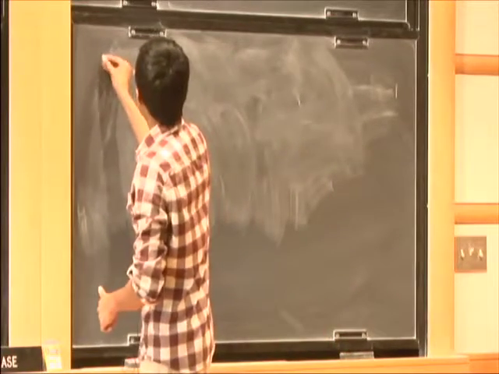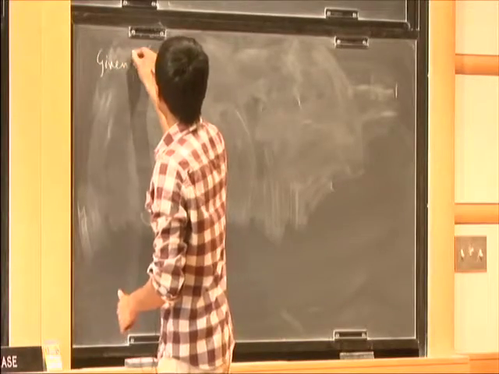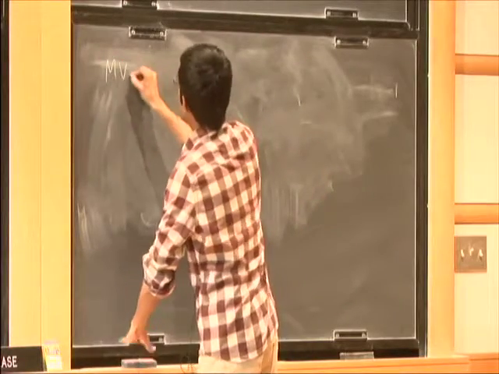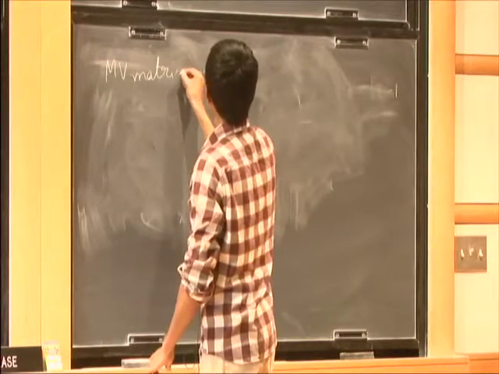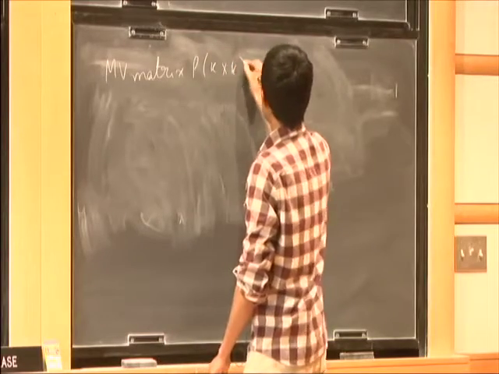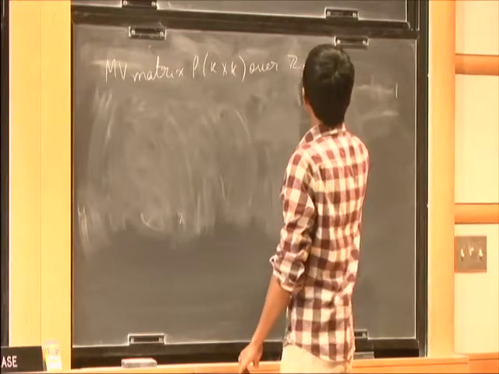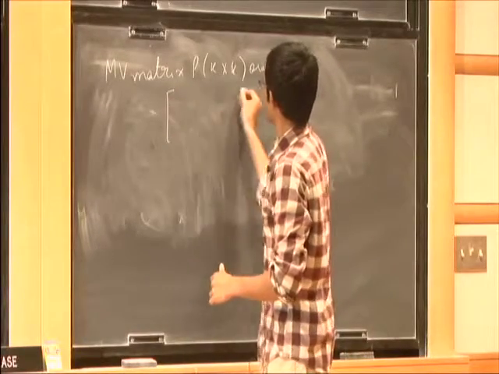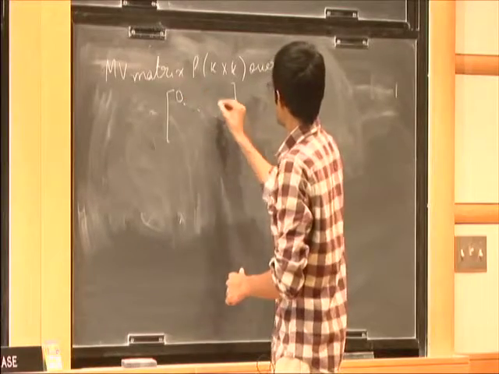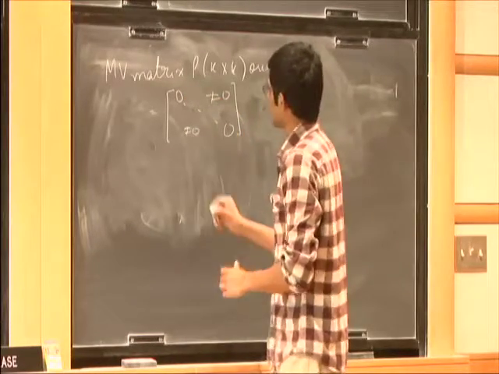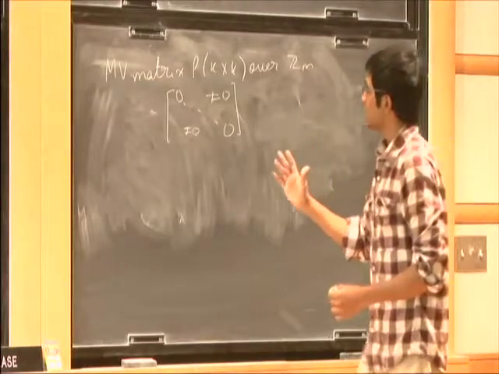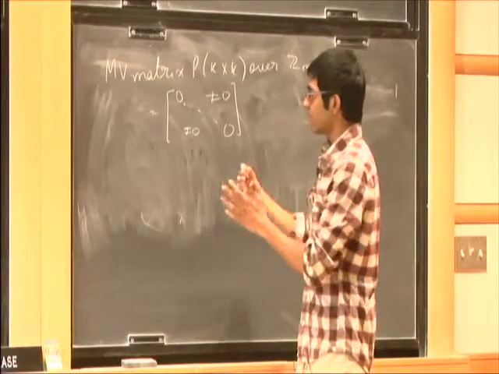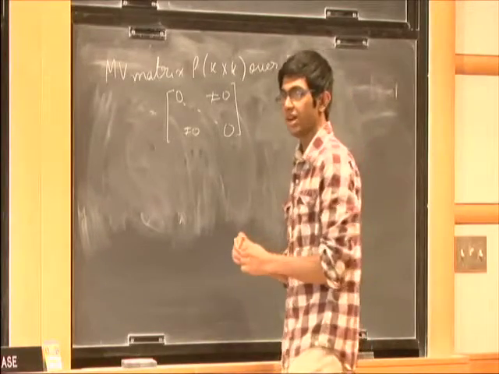Given an MV matrix P, which is K cross K over Z_m, it is any matrix that has 0 on the diagonal and non-zero everywhere else. Now let's say this matrix had rank R. Then by the above definition, you can get a corresponding matching vector family in Z_m to the R.